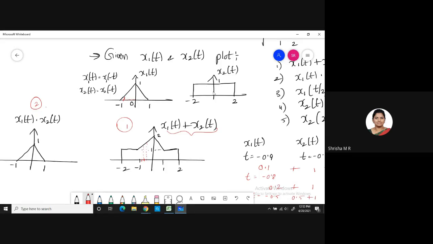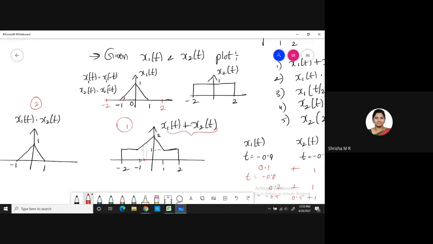So what is x1 of t into x2 of t? It will depend on the overlapping space between these two waveforms. What is the overlapping space? It is from -1 to +1, correct? Because at -2 and +2, you don't have any signal in x1. So that is why -1 to +1 only.